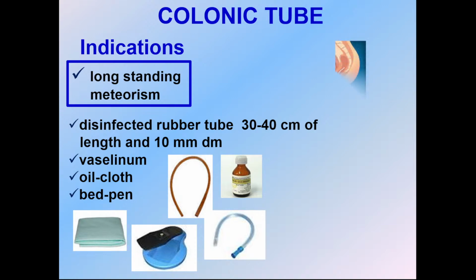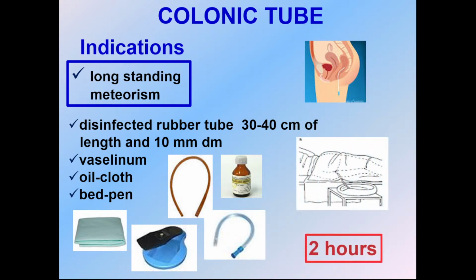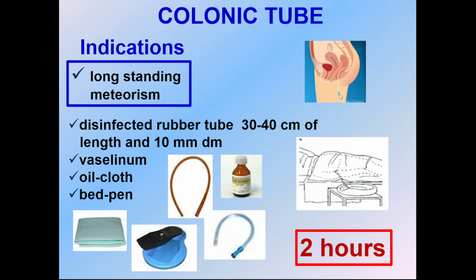Patient position must be on side because through the anus we will introduce tube into the large intestine, rectum and slightly sigmoid. The free end of the tube we put into the bedpan with water.